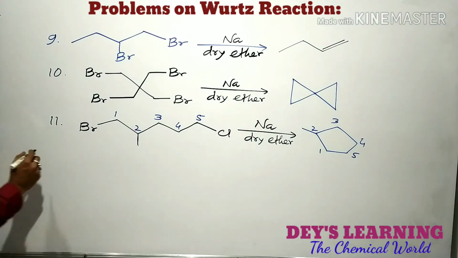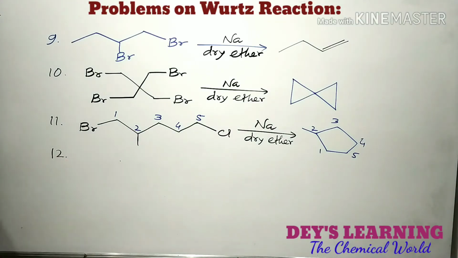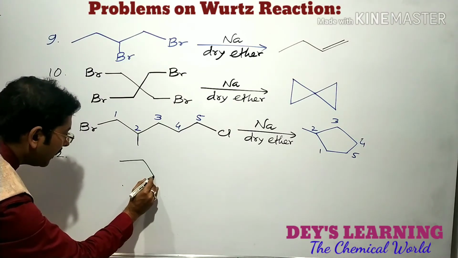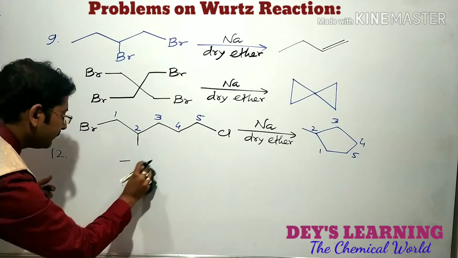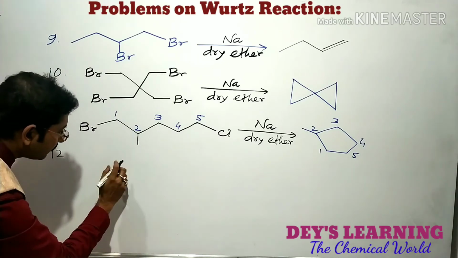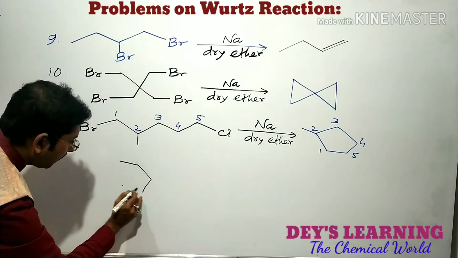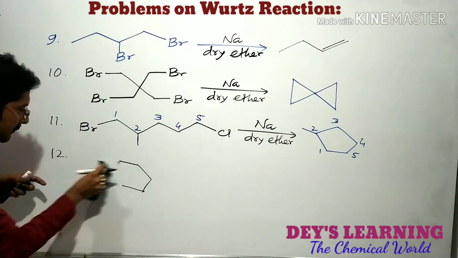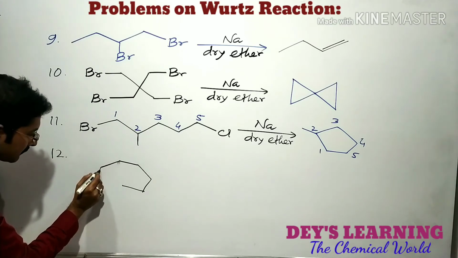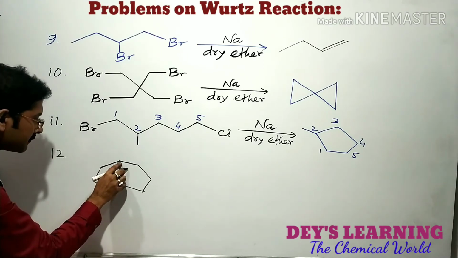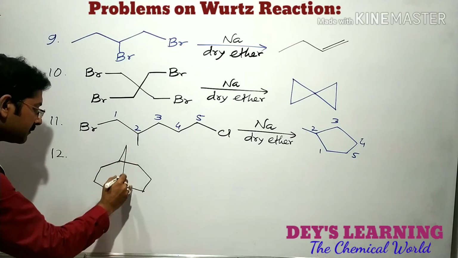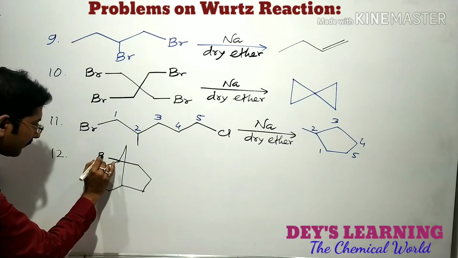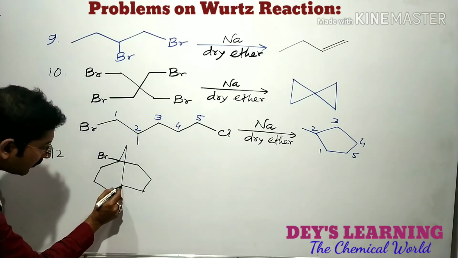Next example number 12. If we have a molecule like this, one bromine over there and another bromine over here.